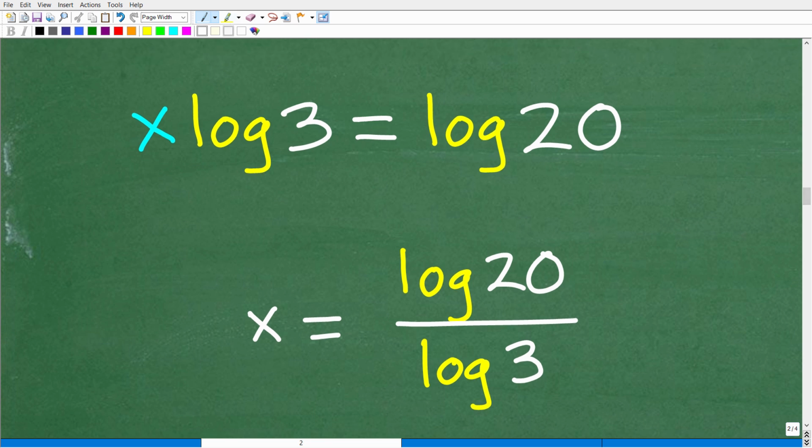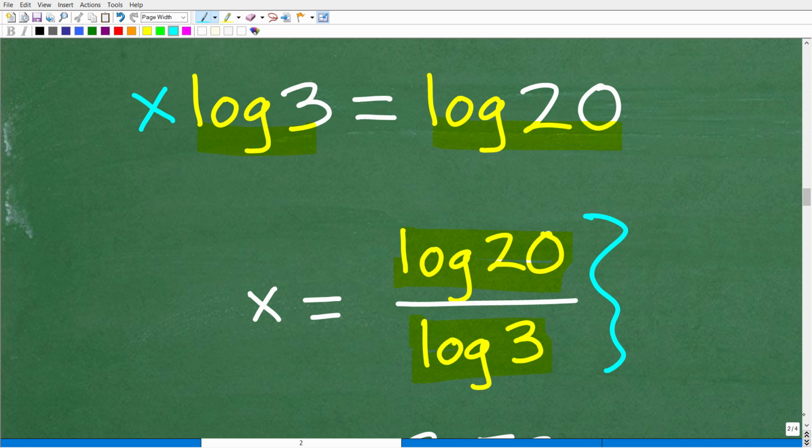Now, knowing that this is a decimal, to solve for x, all I have to do is divide both sides of the equation by log 3, and you end up with this expression, log 20 over log 3. Now, for many of you out there, depending on what kind of class you're in, or if your teacher doesn't want you to use a calculator, this would be the exact correct answer.